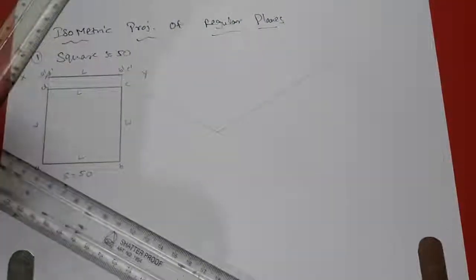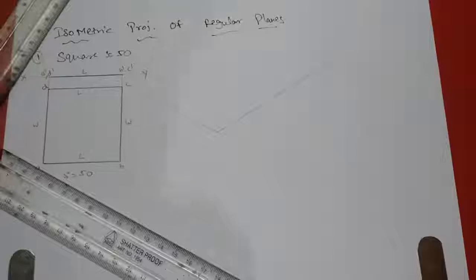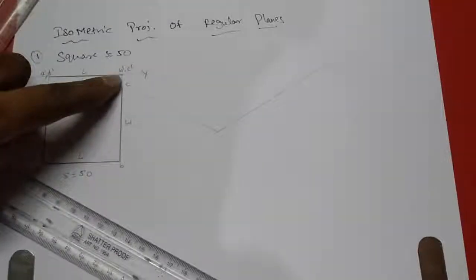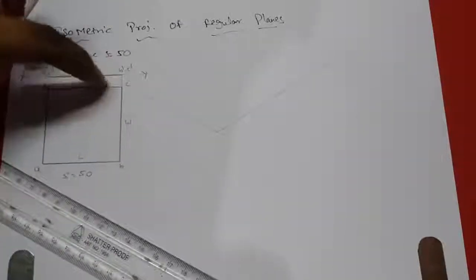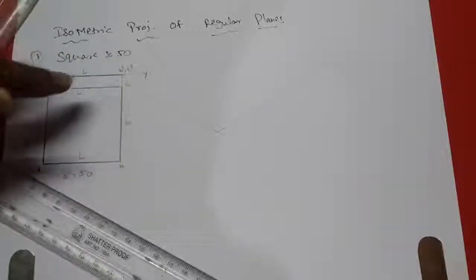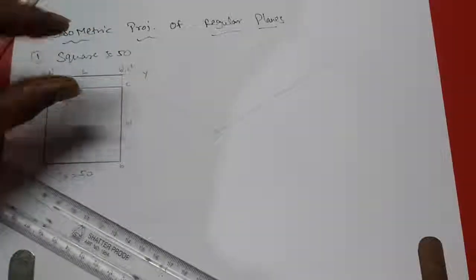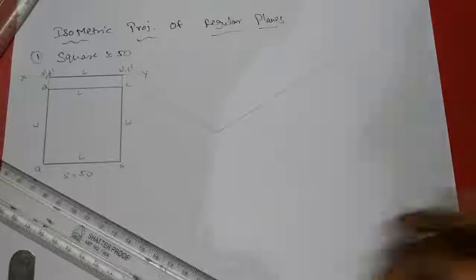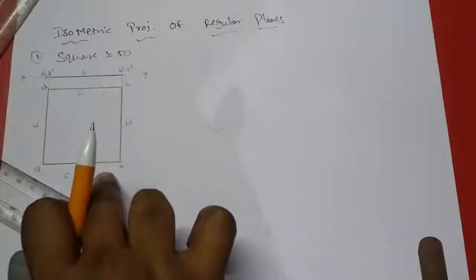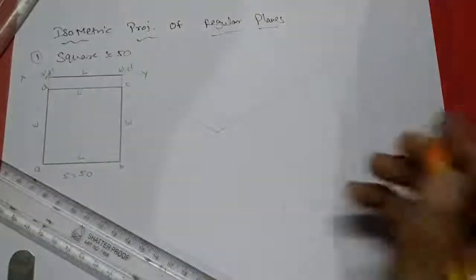But we are dealing with planes, we don't require any height because the height of this plane in this position is 0. If this is the front view and this is the top view, this would be coming reverse. In front view we can see the length and height, but now it is falling on HP, so length and width would be considered.